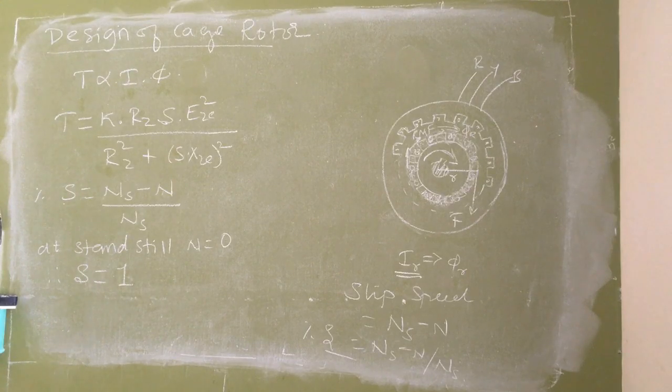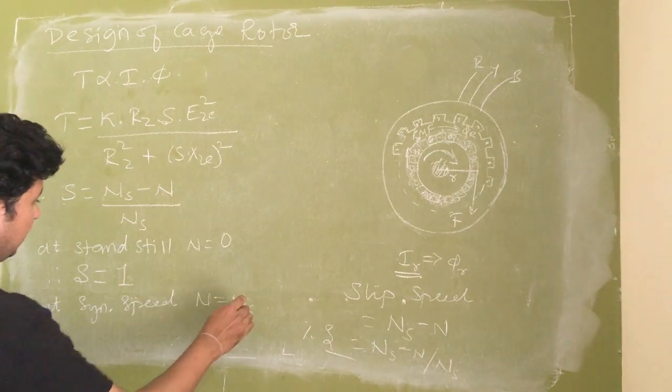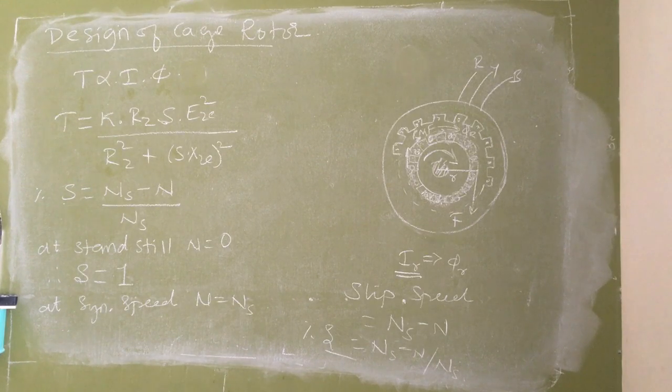Now, at synchronous speed, N is equal to Ns, which it will never achieve. But while writing on paper through equations, there is no harm in assuming it.